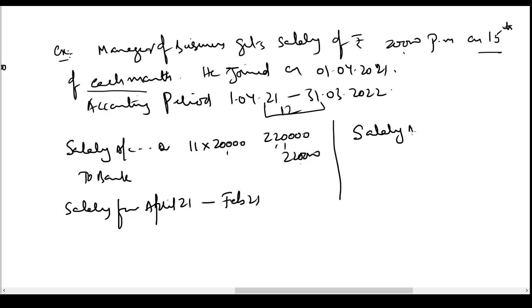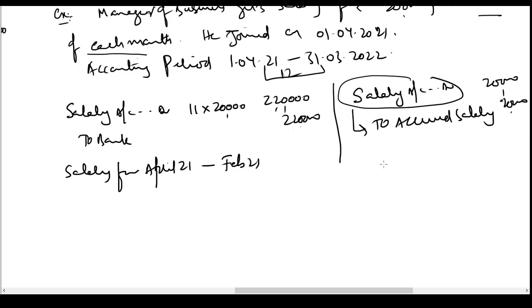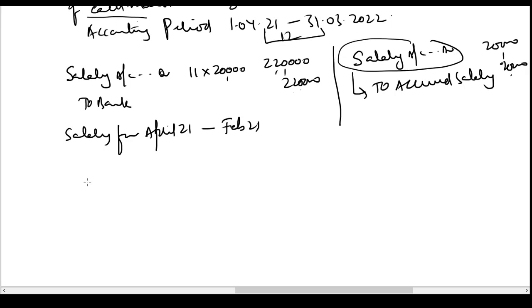We pass the entry, salary account debit to accrued salary, 20,000 rupees. We are recognizing the expense in the books of accounts, and as soon as we recognize the expense, we also recognize a liability that we have to still pay the money for this expense. We have not yet paid the money. So what will happen now? Salary account will have two entries in it.